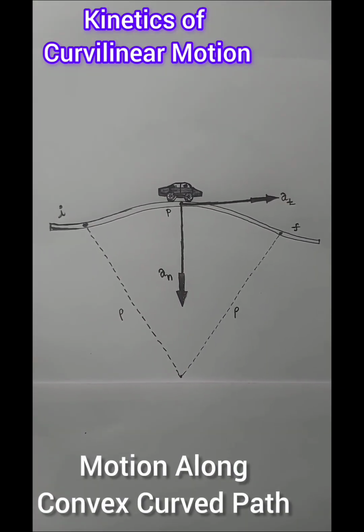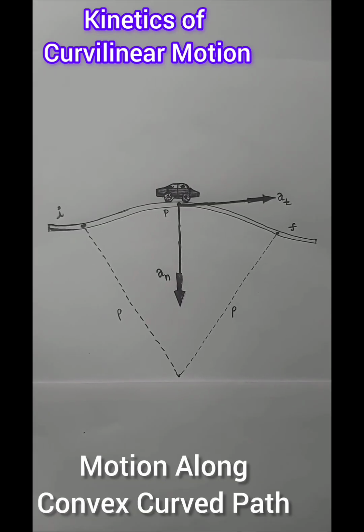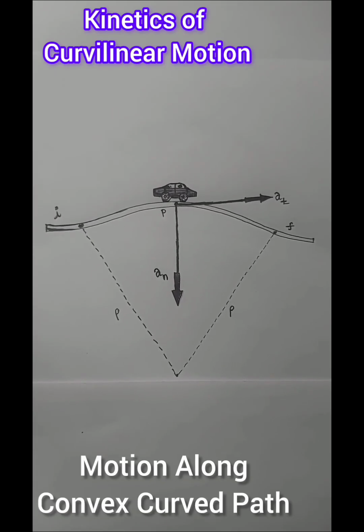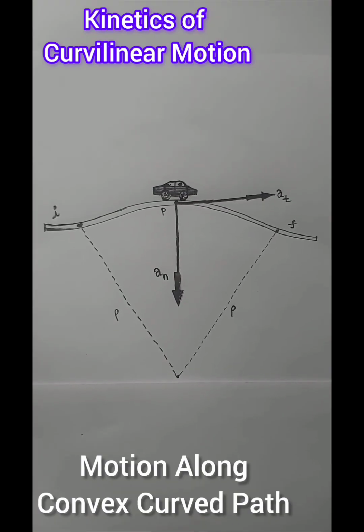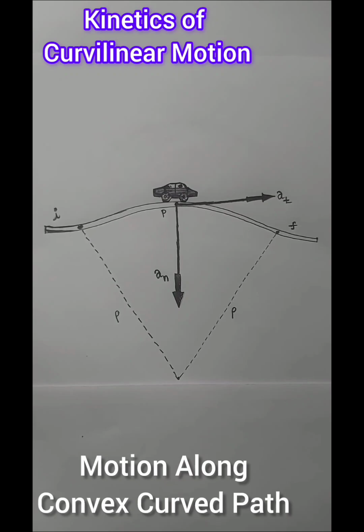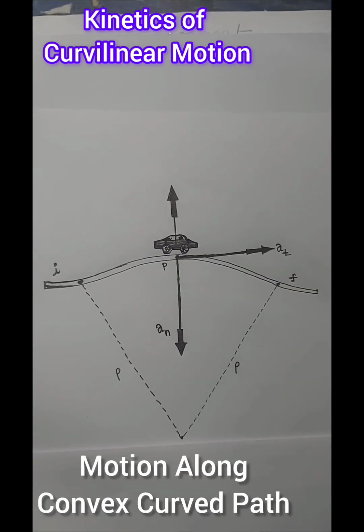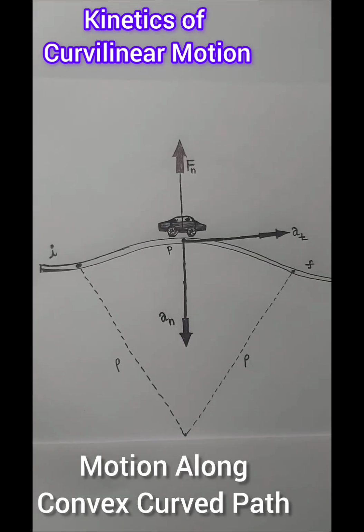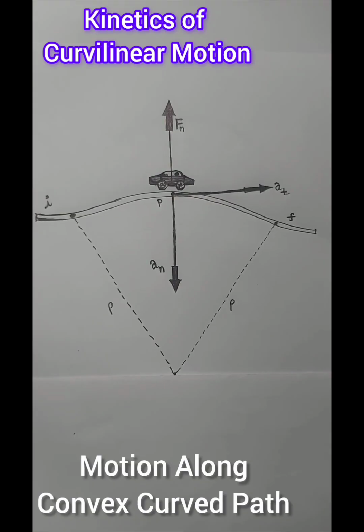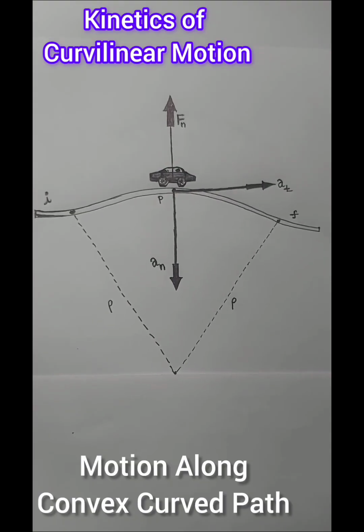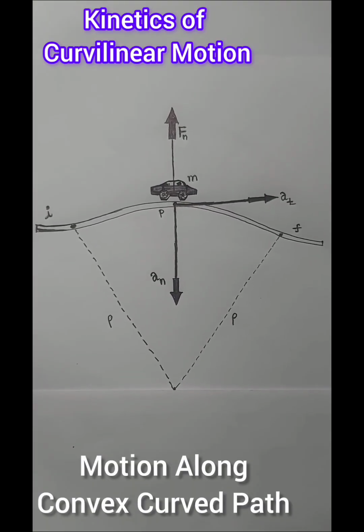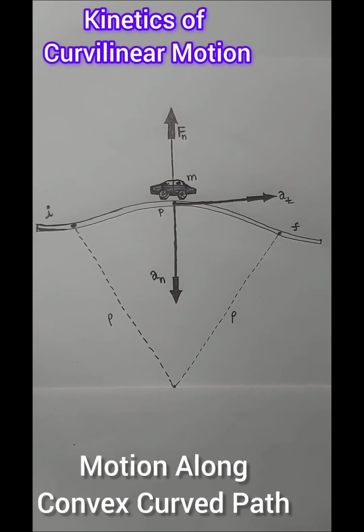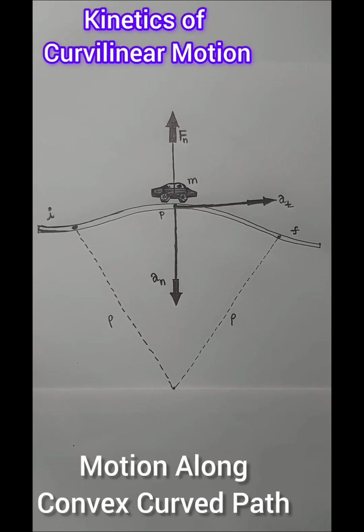When the particle is moving from initial to final in curvilinear motion, opposite to the normal acceleration an, centrifugal force is generated. When the mass of the moving particle is m, we can estimate the centrifugal force Fn as m into an.